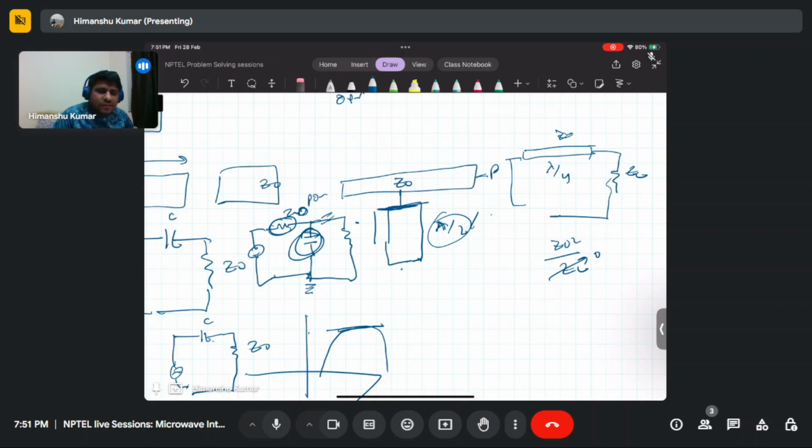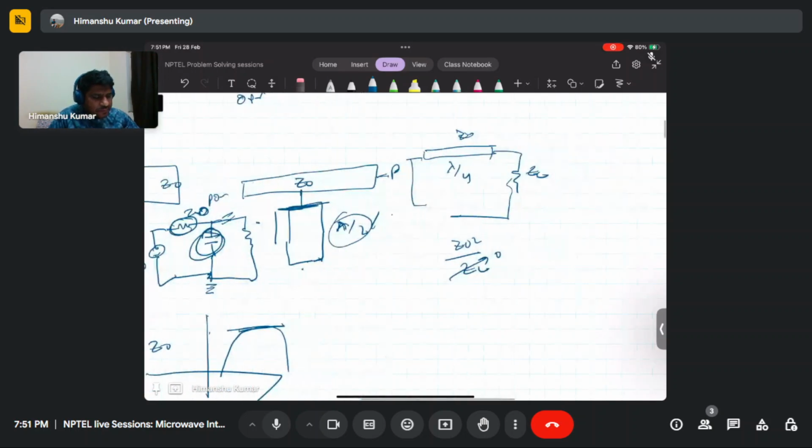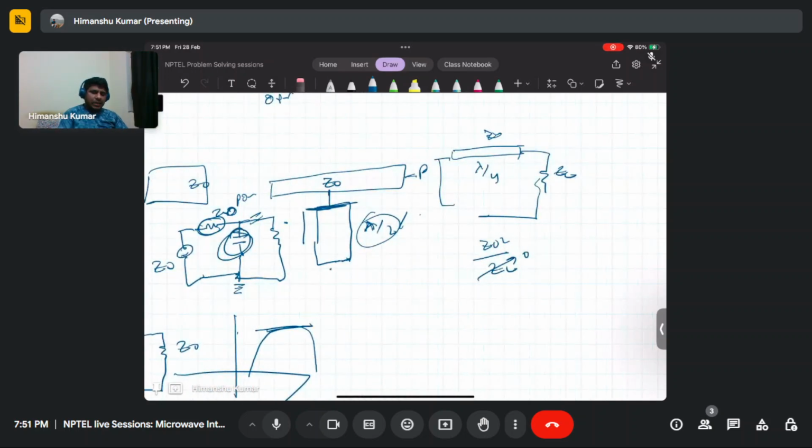Similarly, the other way around situation also you can create. That is Z naught square by ZL.